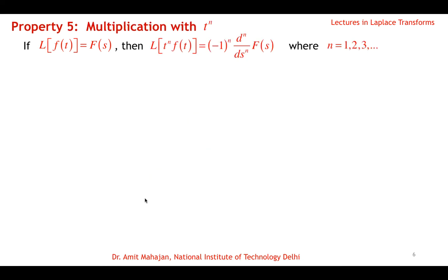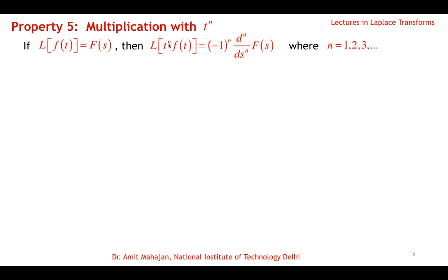Property 5 is multiplication with t^n. It says that if Laplace of any function is known as F(s), then Laplace of t^n times f(t), so the function is multiplied with t^n, is (-1)^n into the nth derivative of F(s), where F(s) is the Laplace of the function, and n is 1, 2, 3, and so on.